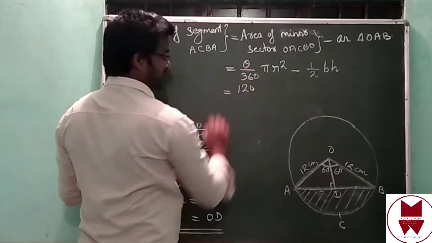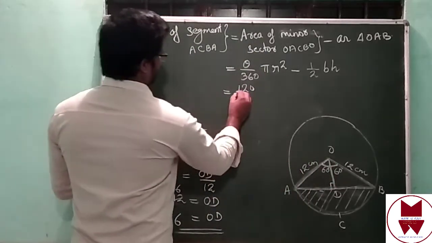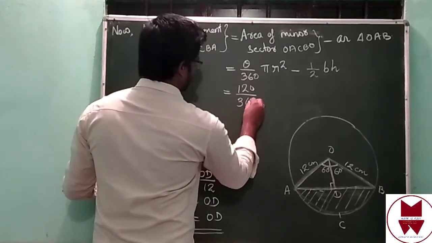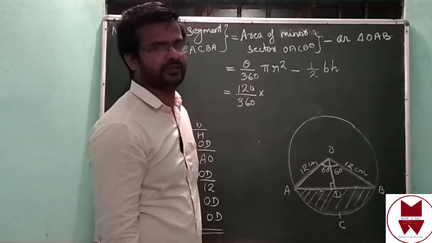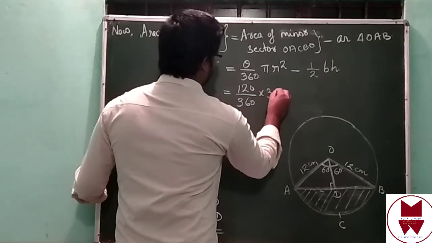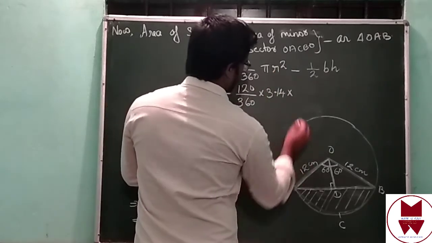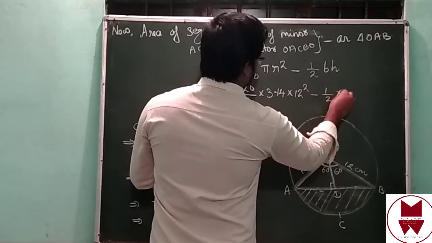Don't write 60 here. Theta is 120. You already wrote it at the starting place. That is 120 by 360 into pi value. Pi how much in the question? That is 3.14. 3.14 into r square. R means 12 square, minus 1 by 2 into base.